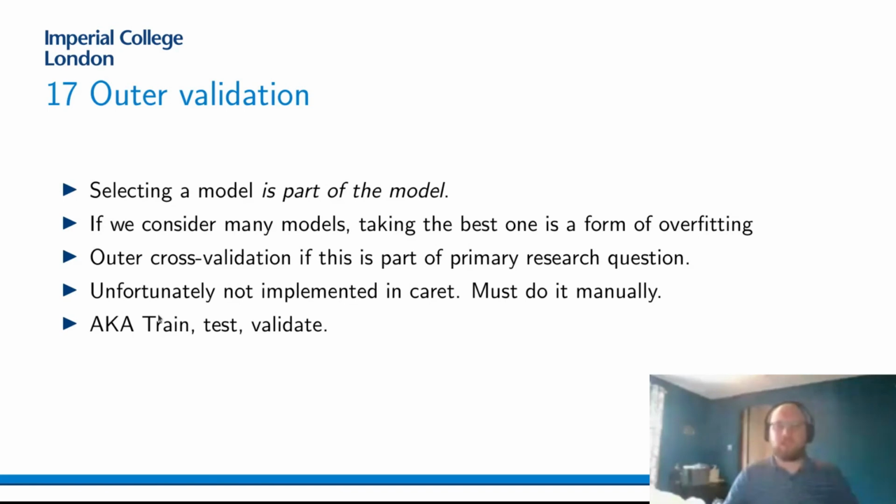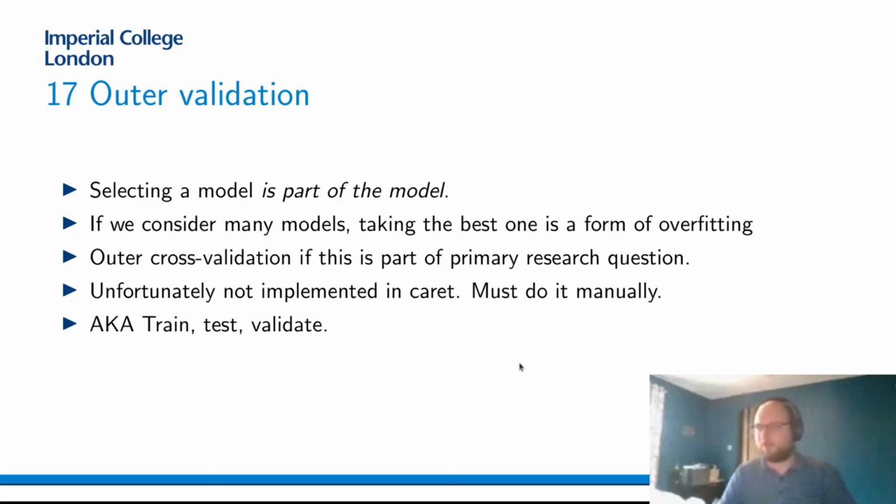So it's sometimes called train, test, validate. The simplest scheme is to split the data into three: one large chunk for model training, for fitting the model, a large chunk for fitting many models to, a small chunk for testing all those many models to see how well they compare and choose one or two best models at the end, and then a third chunk that only the best two models get tested on.